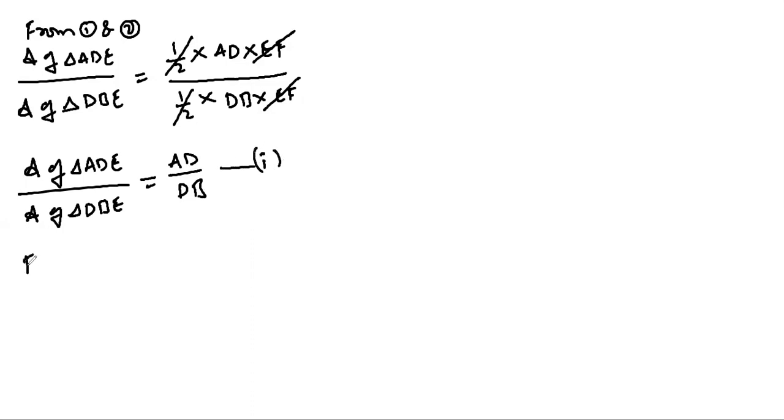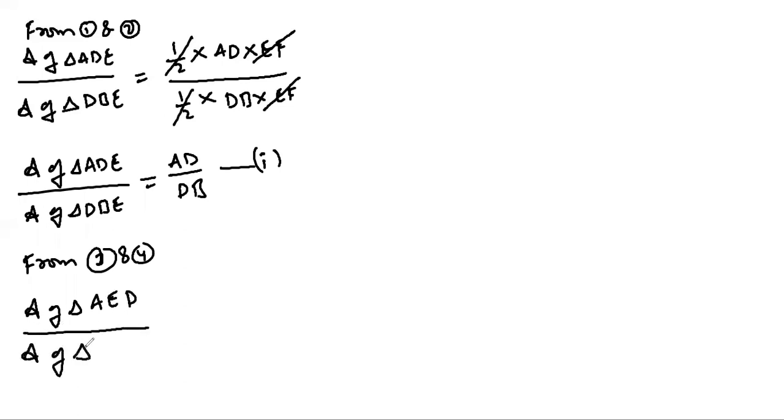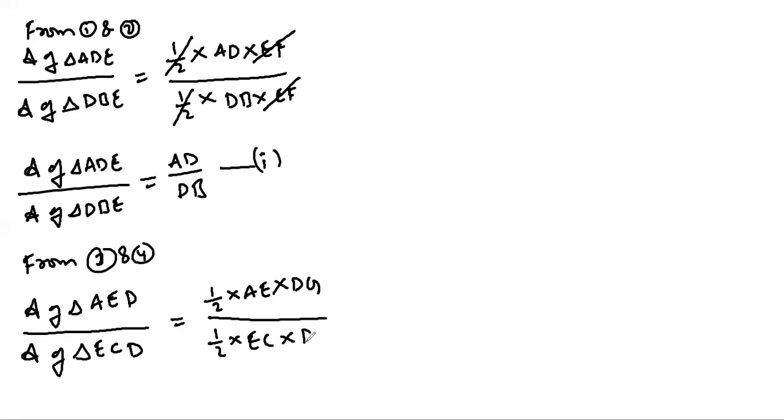And next from 3 and 4, you also have to divide. Area of triangle AED divided by area of triangle ECD. So this will be half into AE times DG divided by half into EC times DG.